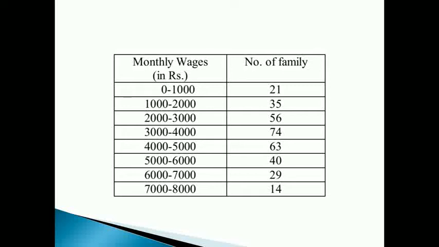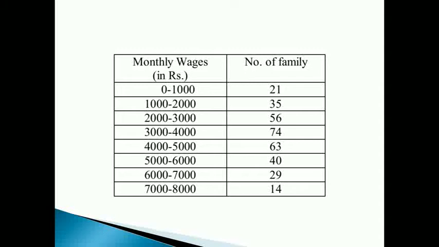Next, for the fourth class there are 74 families included in that class. Similarly, in the 4000 to 5000 rupees class there are 63 families. Like this, for 5000 to 6000, 14 families.